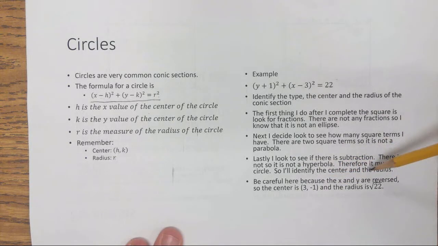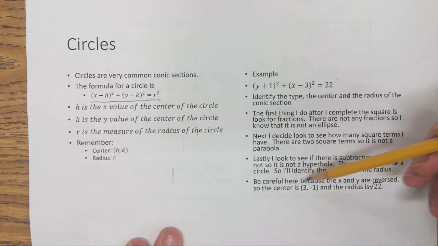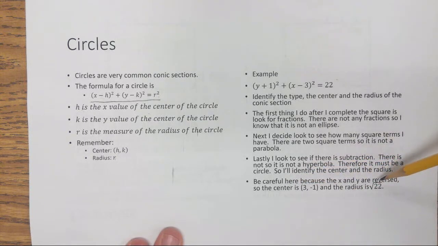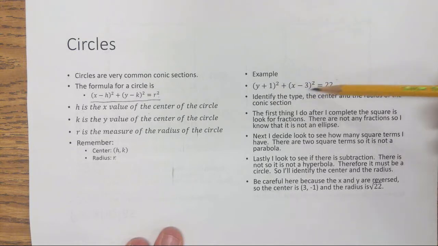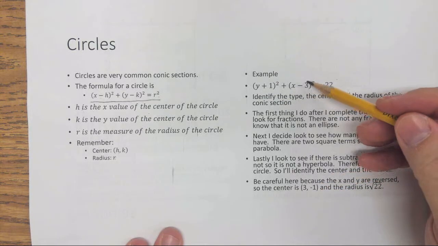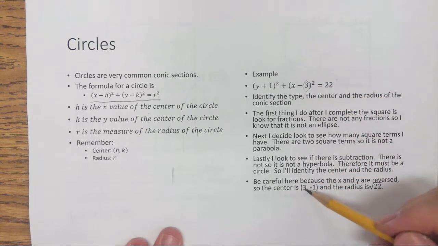So identify the center and the radius. Be careful here because the x and y are reversed. In other words, they're the opposite signs. Also, the y value is coming first and the x value is coming second. If I wanted to rewrite this, I could just move that in front and move that behind. So here's my 3. So my x value is 3.